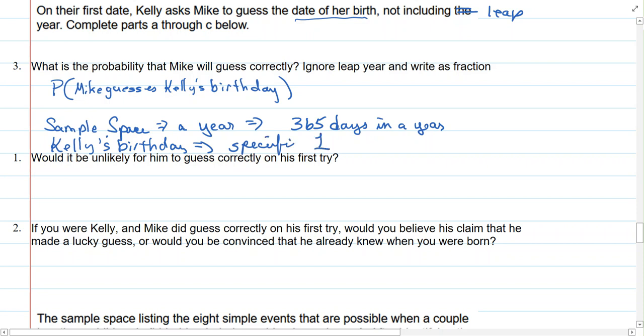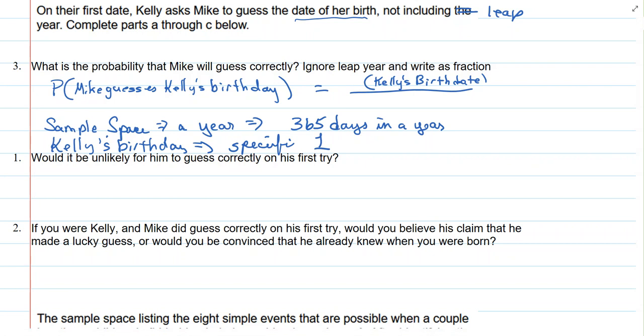So it's 1. Now we're going to construct our probability: the number of Kelly's birthday over the number of days in the calendar year.